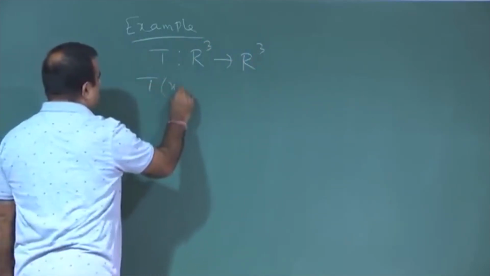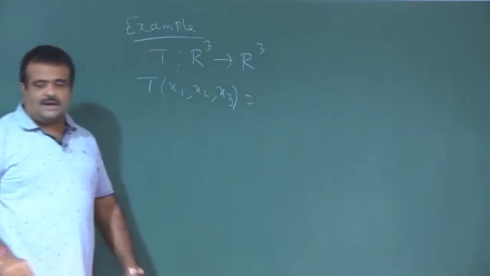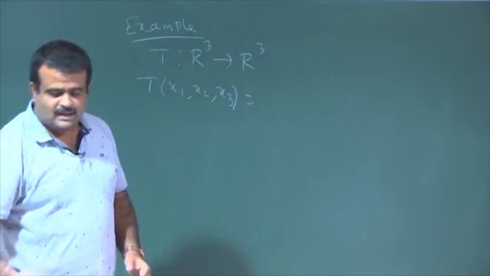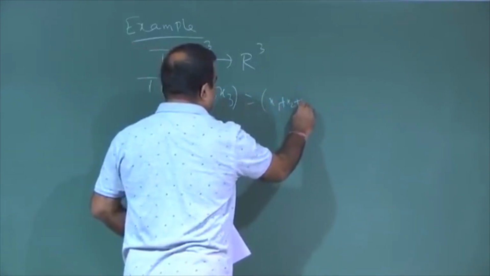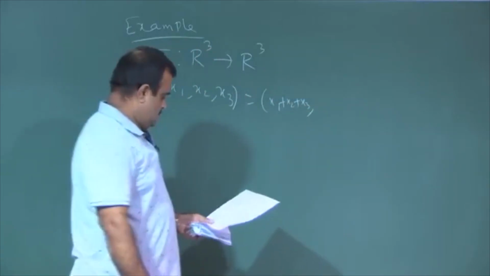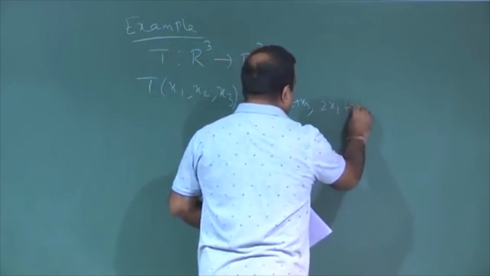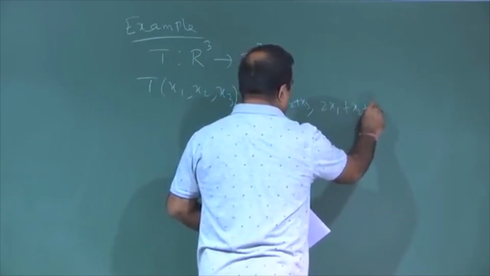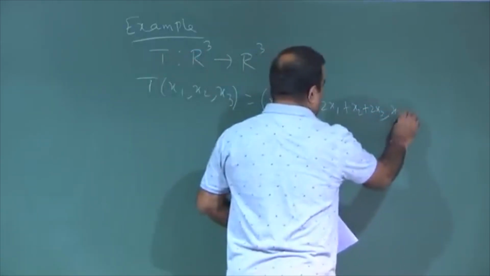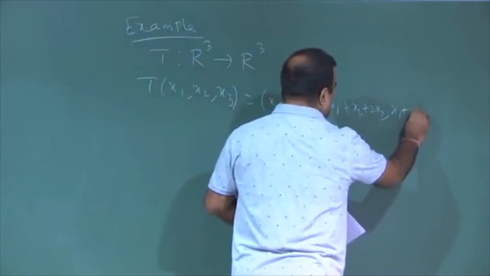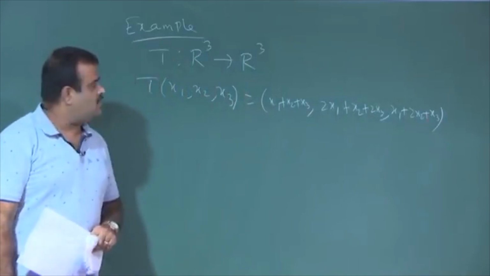T of x1, x2, x3, where R is the set of real numbers, equals x1 plus x2 plus x3 as the first component, then 2x1 plus x2 plus 2x3, then x1 plus 2x2 plus x3.